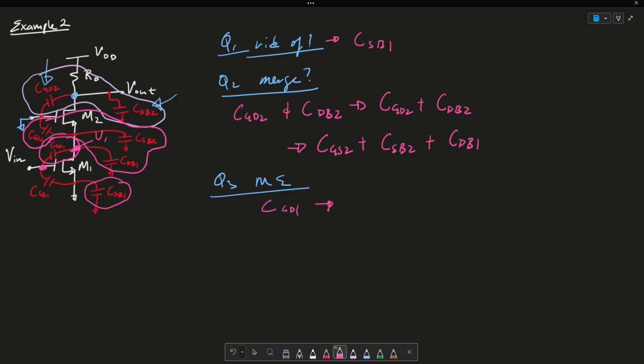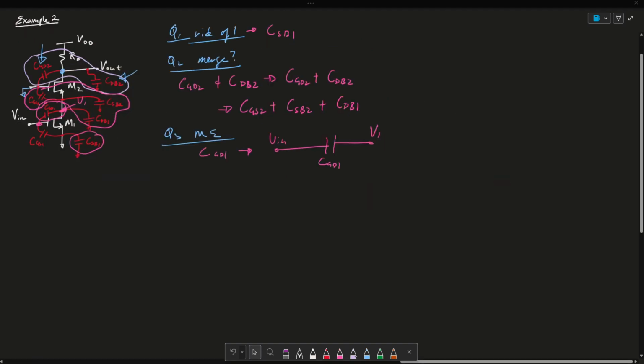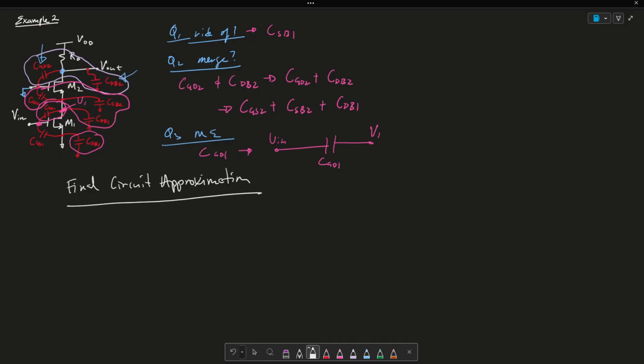And because it is connected to Vin, this is CGD1, and this is my voltage V1.